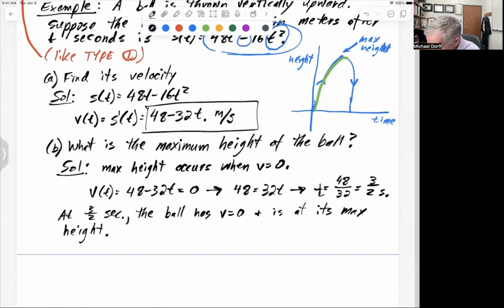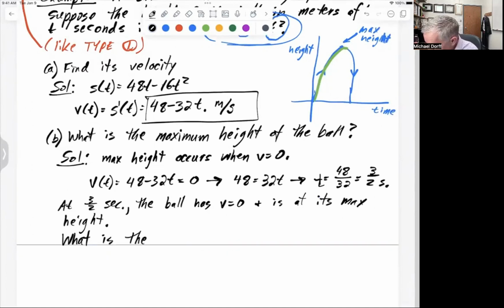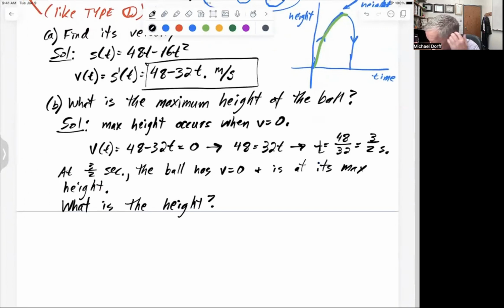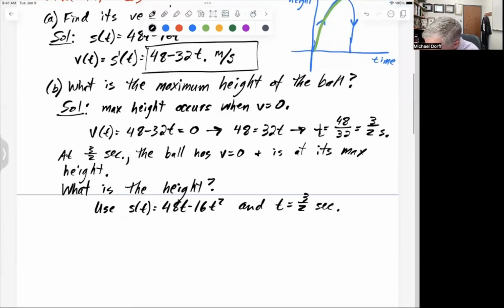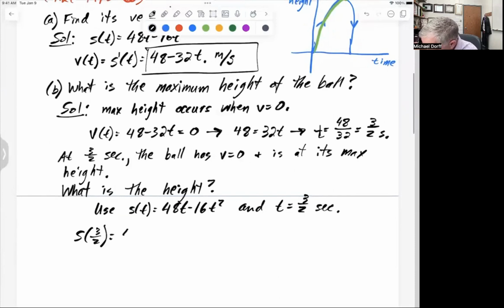So what is that height? Well, we now take that time t and we plug that back into the formula that we got for its height, which is s of t. So we use s of t equals 48t minus 16t squared, and we use t equals 3/2 seconds. So s of 3/2, put that in there. I'm going to get 48 times 3/2 minus 16 times 3/2 squared.